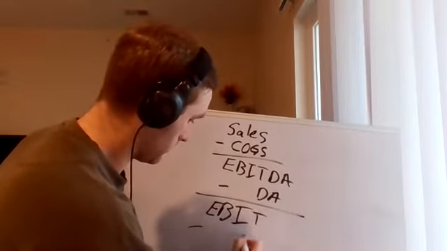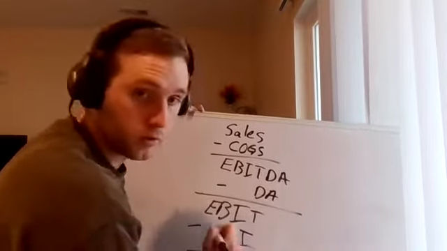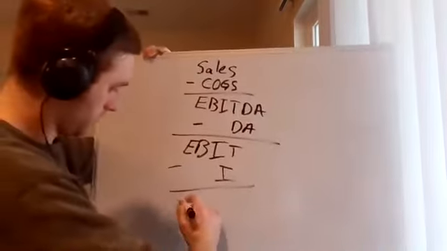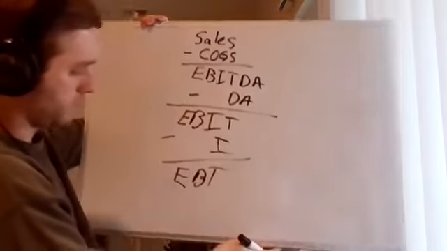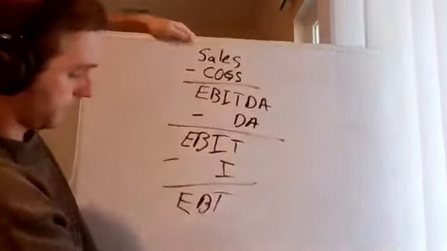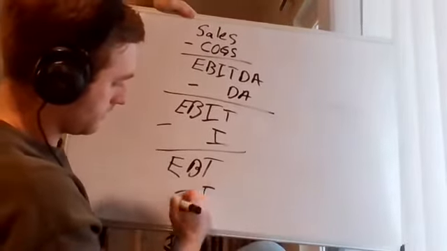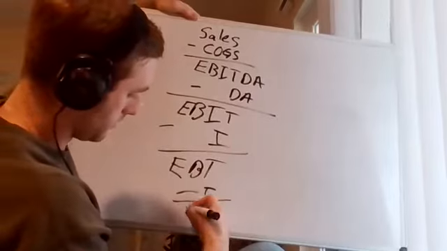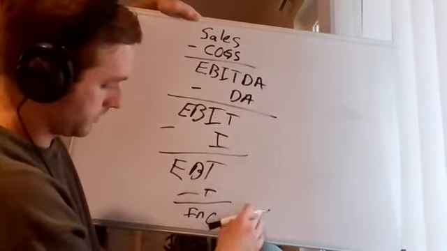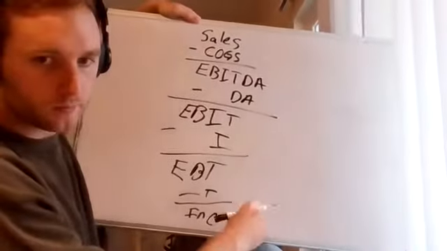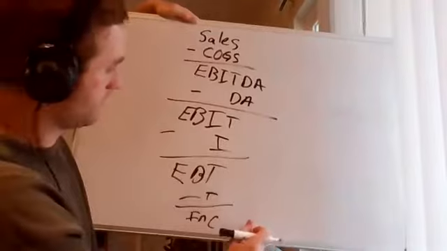Here we would subtract interest, and then you have your earnings before tax. At this point, here you would subtract tax and you get your income. Down here, it's net income, profit, bottom line, and this is the path it follows.